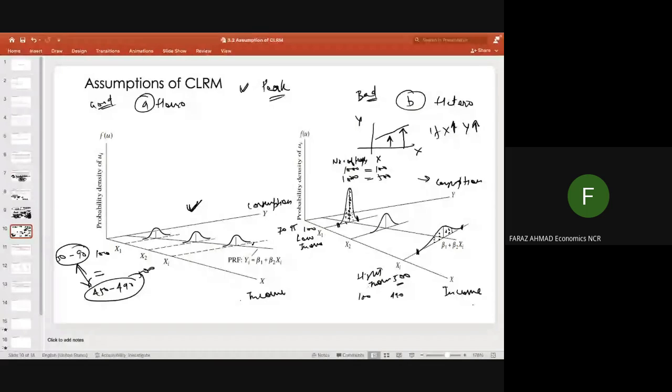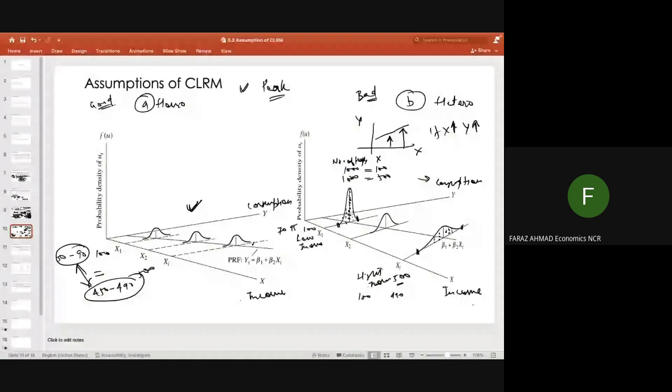So the peak will depend upon how many people are there who are being observed. If there are a lot of people and the range is less, height will be more. If there are a lot of people and the range is also a high number, so there's a lot of range in which you are going to distribute these people, then height of the curve will not rise.